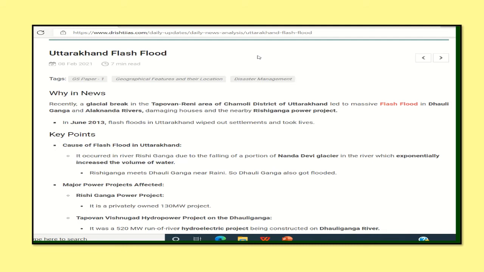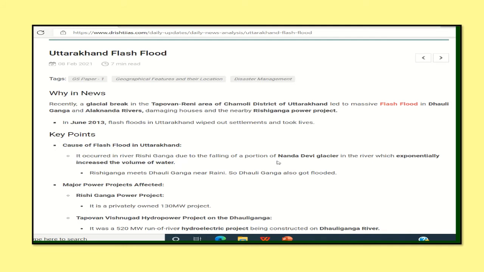This is not the only example of flash flood in Uttarakhand. That kind of flash flood due to glacial melting has been very common since 2013. Even in 2019, there was a flash flood due to melting of the Nanda Devi Glacier. So Nanda Devi Glacier melting is very common, and it is not only responsible for the retreat of the glacier, but it also provides more pure water and exponentially increases the volume of water in the river all of a sudden.